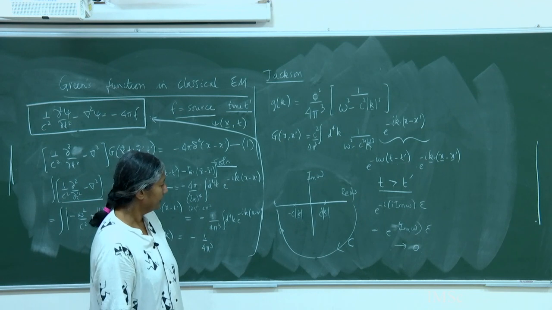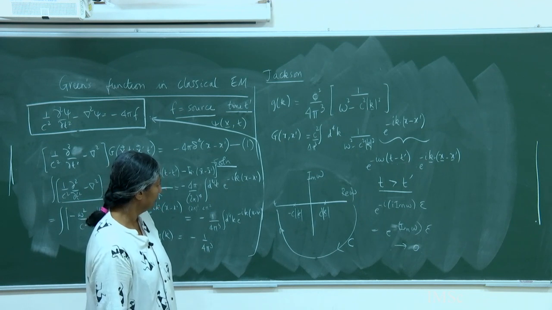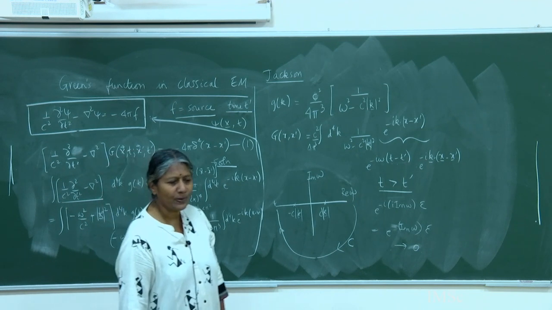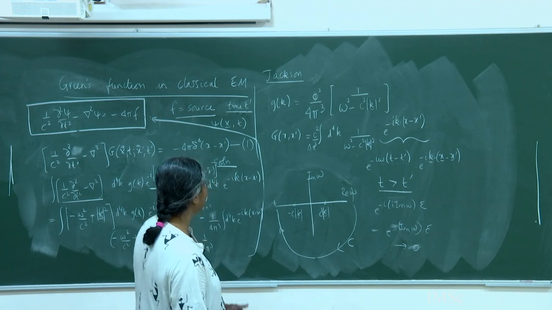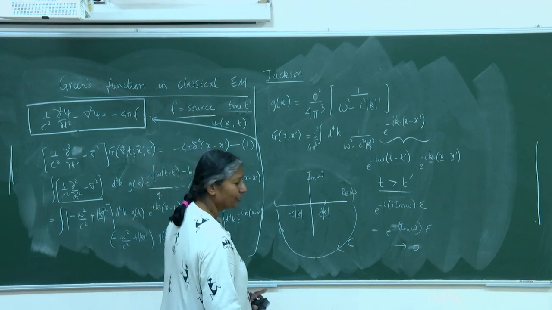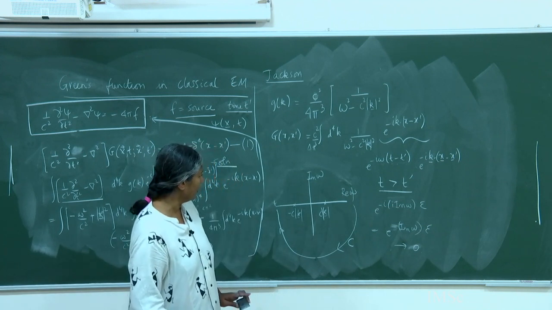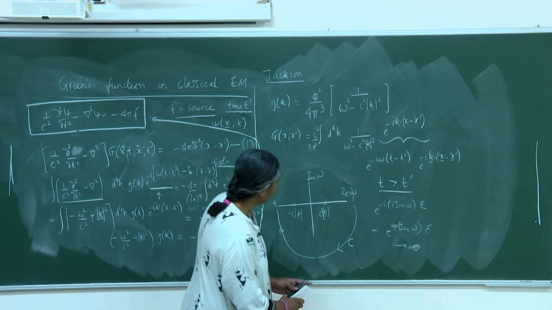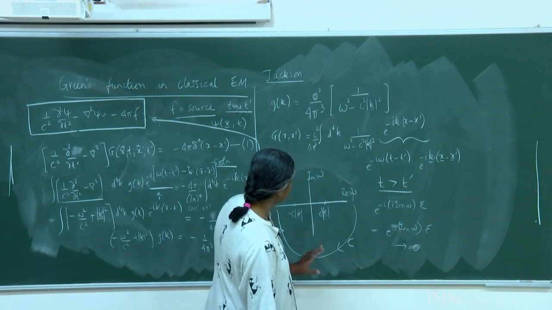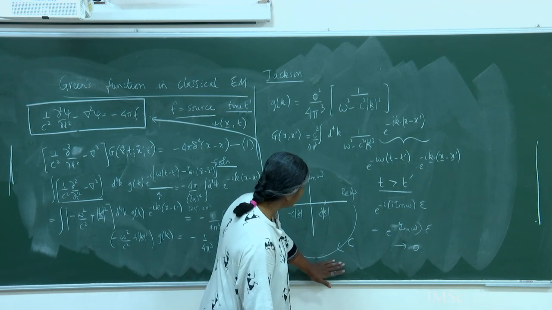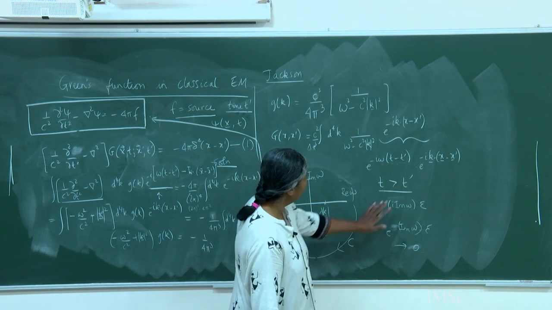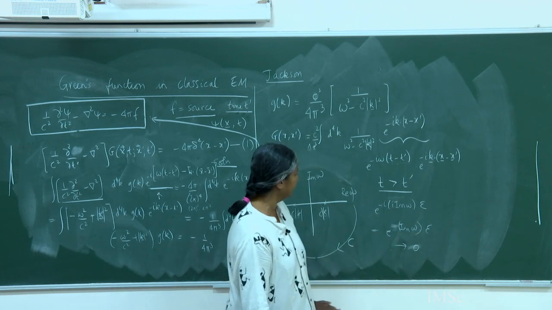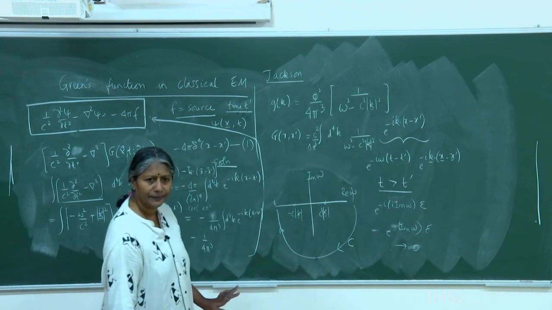Ma'am, so that choice which you have discarded, that will be applicable for advanced. Yes, exactly. That's why I hesitated and decided that I don't want to solve for both at a time, because I'll simply go wrong. I didn't prepare for this, so I just brought my old notes. So I don't want to solve all the possibilities. You can see that if I choose this contour, then for t greater than t prime, where epsilon is greater than 0, everything is now well defined.